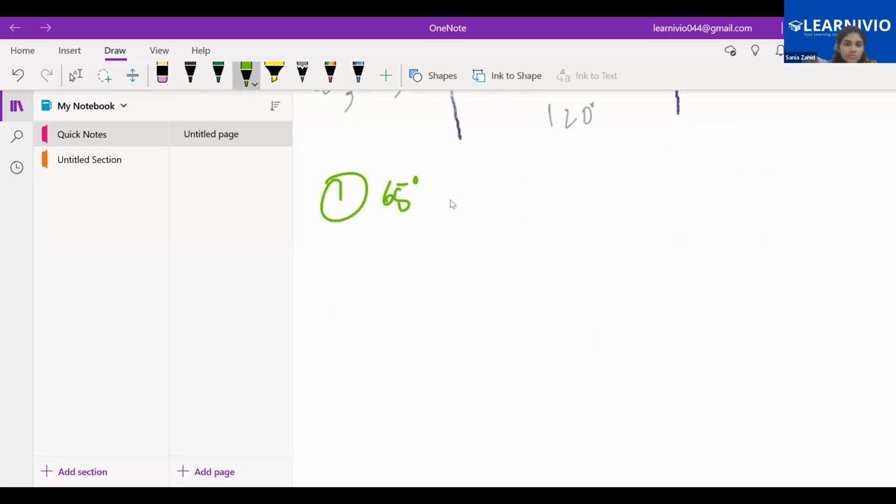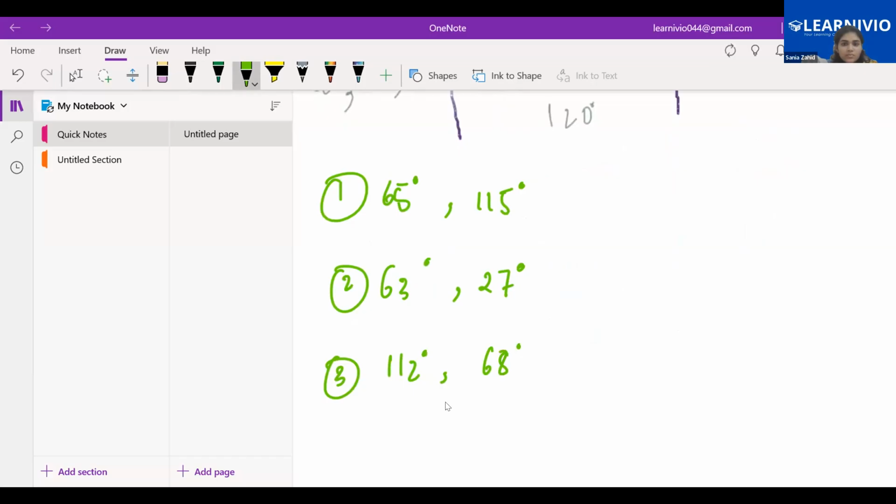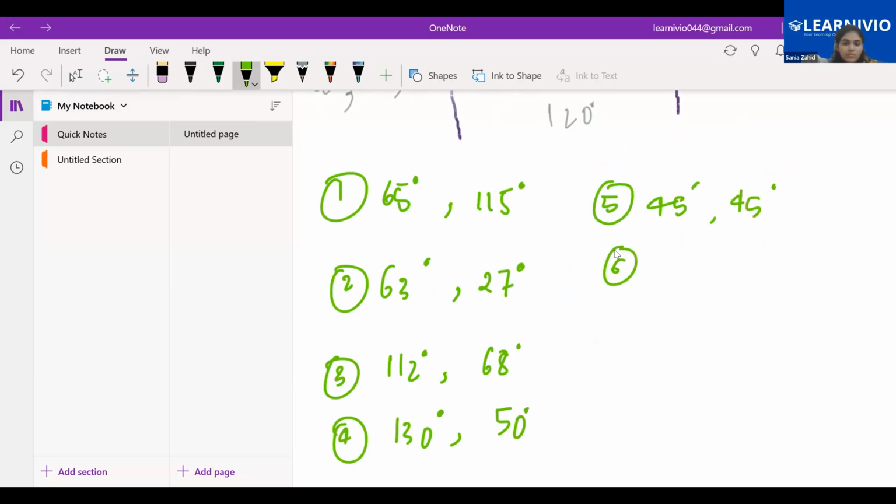First is. Tell me if the following pairs are complementary or supplementary.